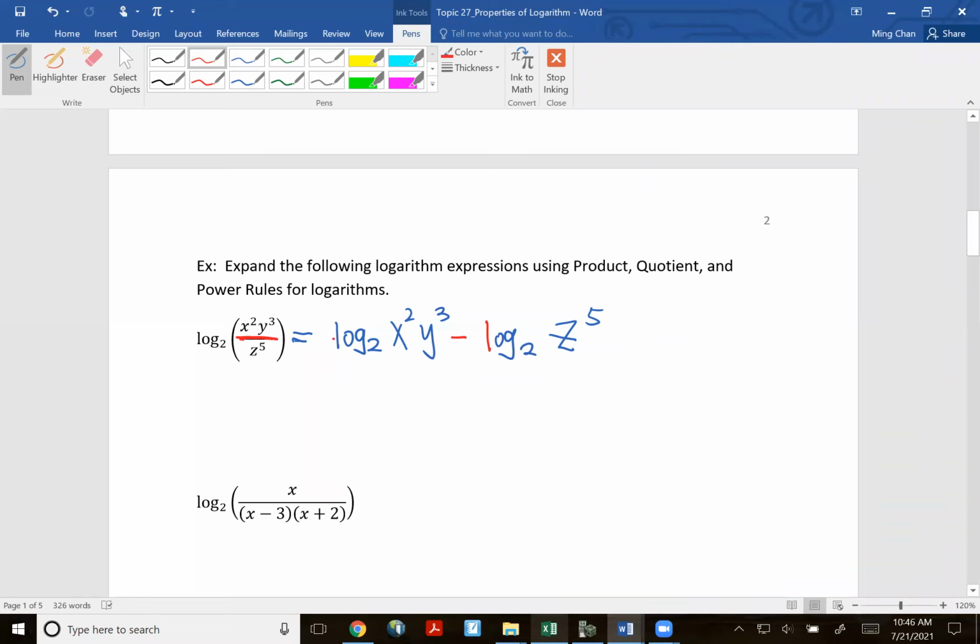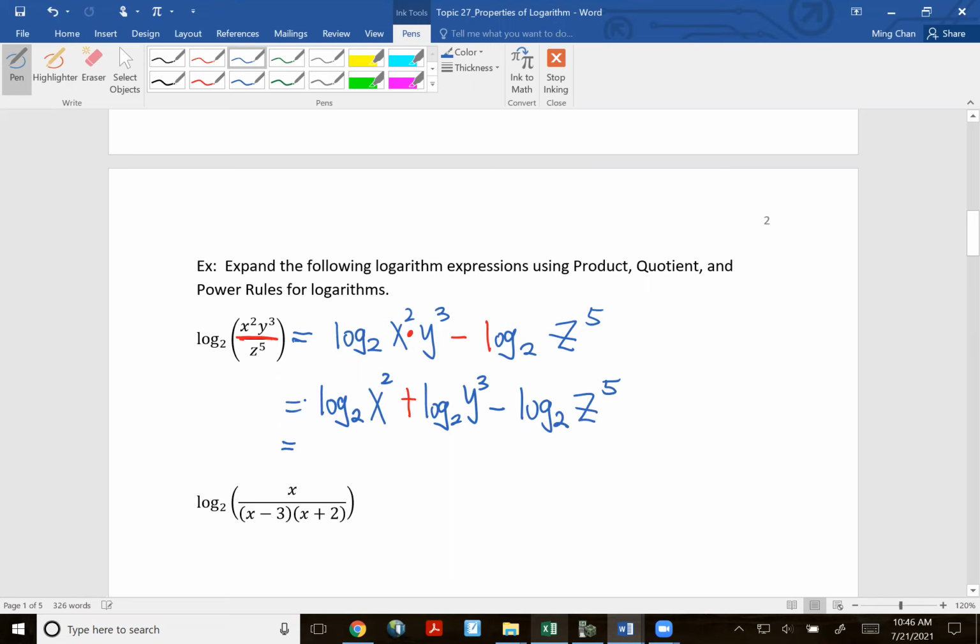But the first term is the log with the base 2 of something multiplied by something, x squared times y to the third. That multiplication will give me another addition. Separate between those two. So I should have log with the base 2 of x squared plus log with the base 2 of y to the third minus log with the base 2 of z to the fifth.